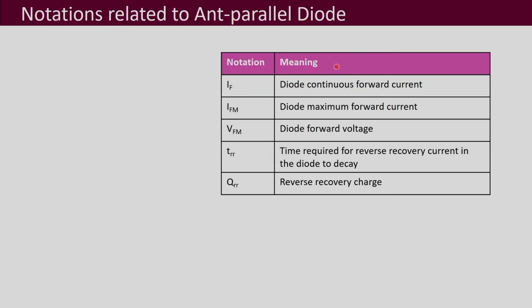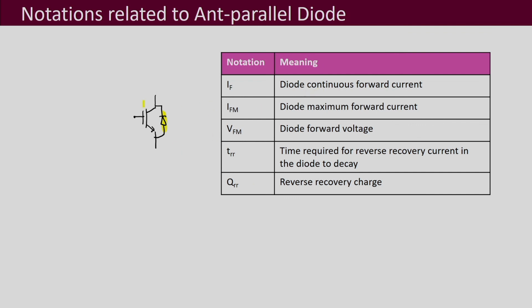Then further there may be notations related to the antiparallel diode. I had told you that most of the IGBTs the manufacturers make come with an additional antiparallel diode. So, this is that antiparallel diode, and the characteristics of this diode will also be provided.